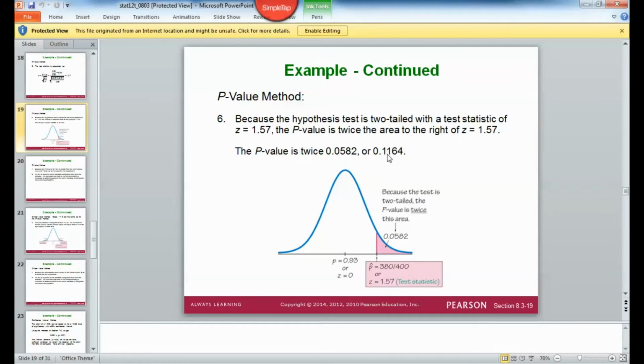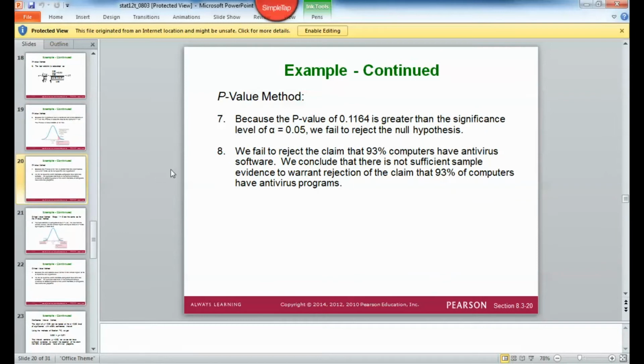So here's the p-value, 0.1164. Our significance level was 0.05. So since the p-value is greater than the significance level, you fail to reject the null hypothesis. If it was less than 0.05, then we would reject the null hypothesis. But since it's greater than the significance level, we fail to reject the null hypothesis.